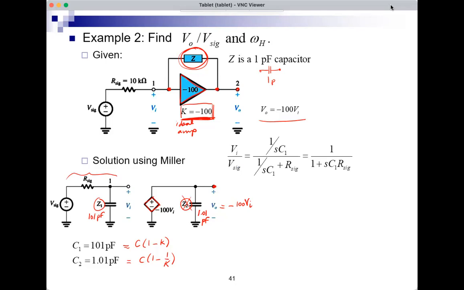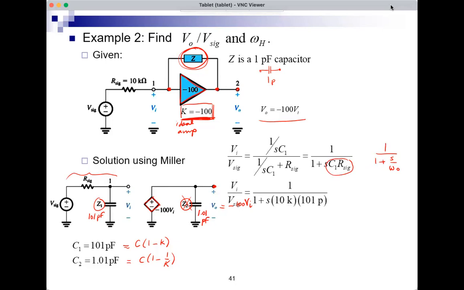Using the voltage divider formula, it's Z1 over Z1 plus R sig, and Z1 is 1 over SC1. So I get this very nice form. This is of the form 1 over 1 plus S over omega 0, with omega 0 being 1 over R sig C1.